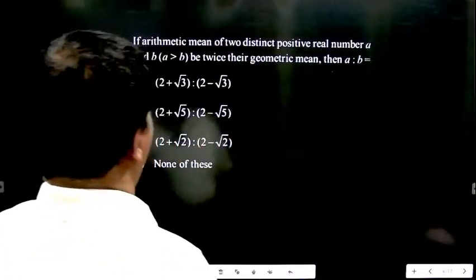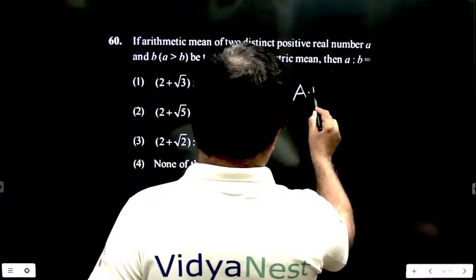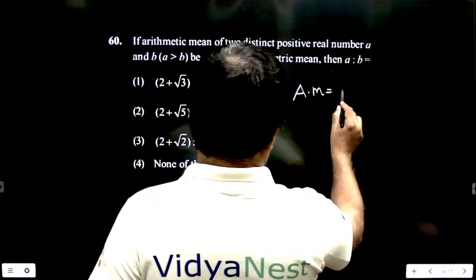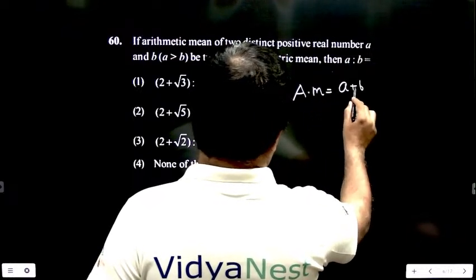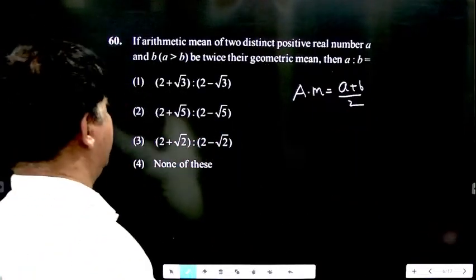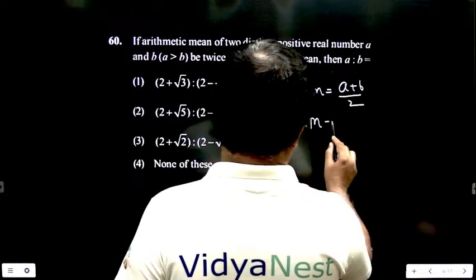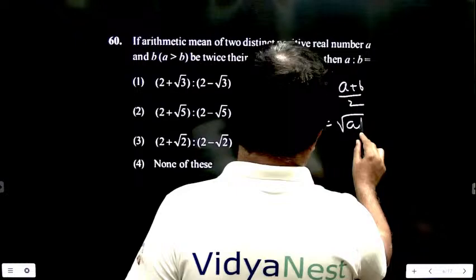Yes, sir. See, the arithmetic mean is a plus b by 2, the geometric mean is root AB.